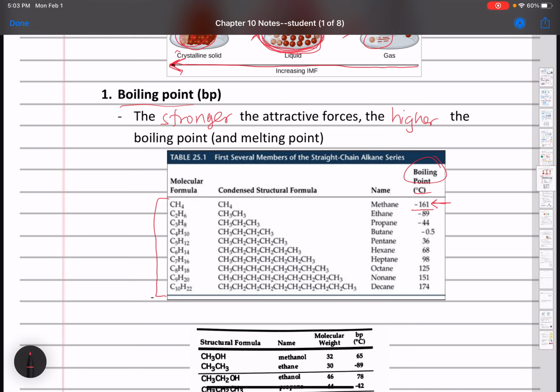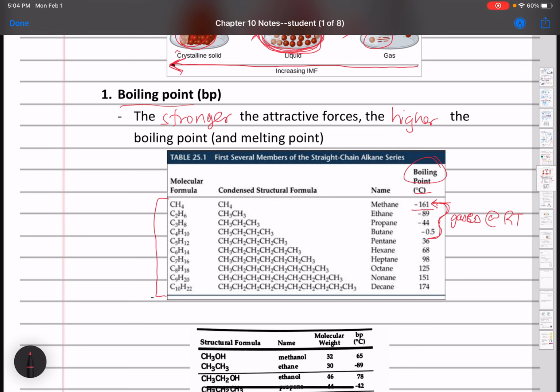So methane at room temperature is well above its boiling point, which is why methane is a gas at room temperature. All of these that have a boiling point at or below room temperature are all gases at room temperature because their boiling points are very low.